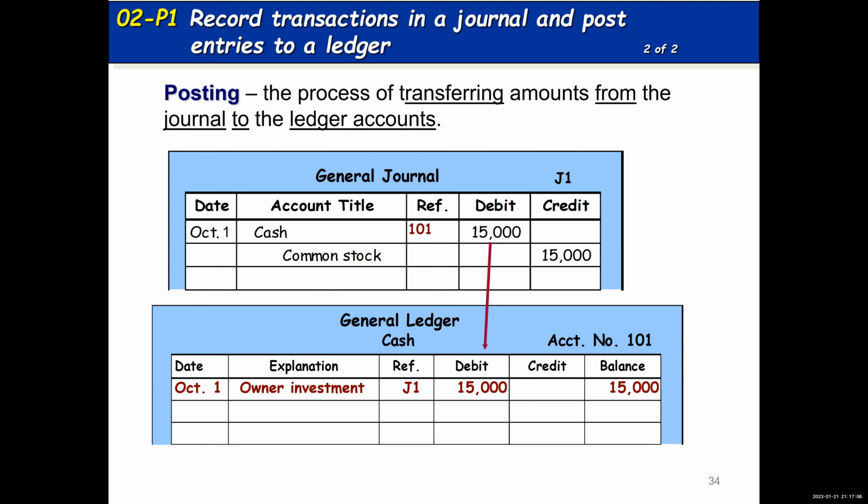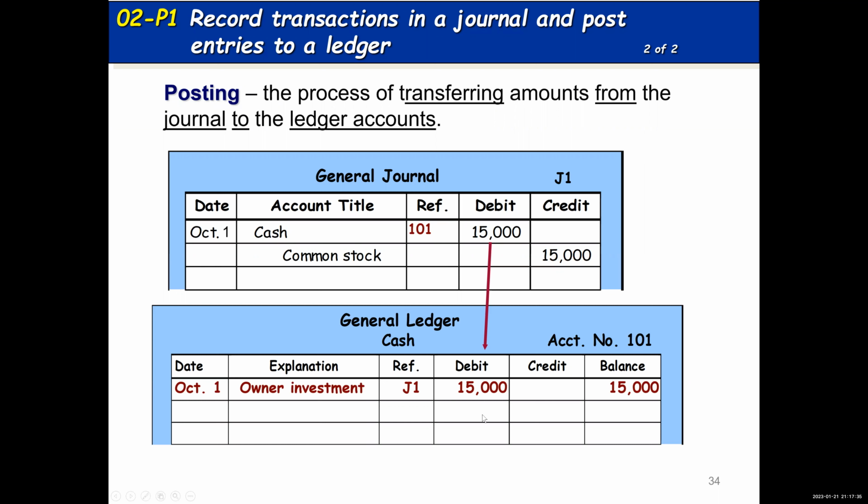If I'm your boss, I'm going to look at the journal and ask, did he or she post this amount to the ledger? I see that you have 101, so I guess you did. I could go to account 101 and see it as $15,000. So when you put that reference in, it just means that it has been posted.